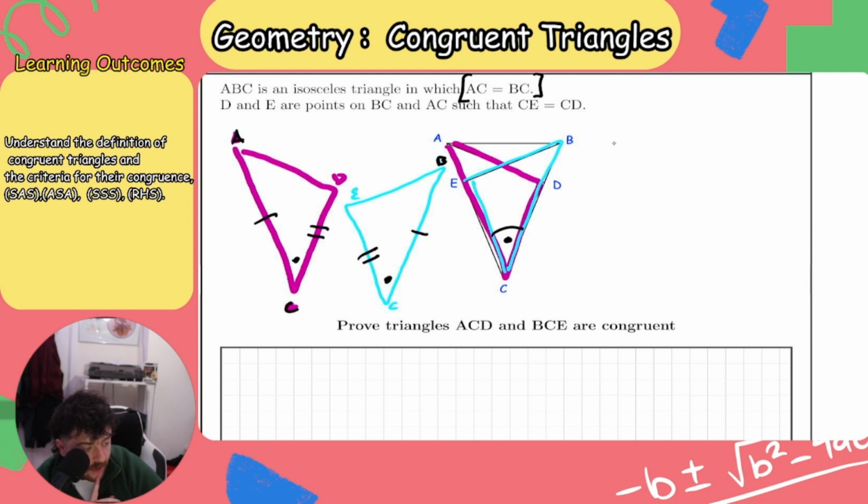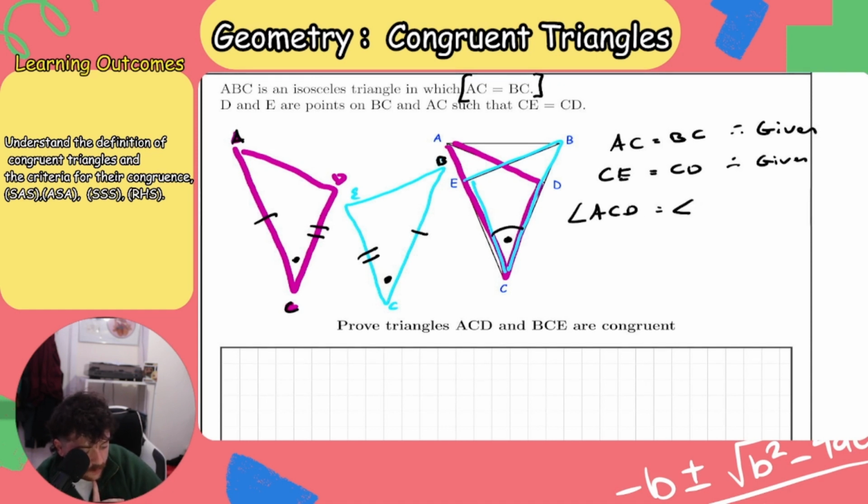So let's put this into words. I know AC is equal to BC. That is given to us, so I'm going to write given if it was given in the question. CE is equal to CD. Again, that was given to us in the question. And then finally, I know angle ACD is equal to angle BCE, because that's a shared angle.